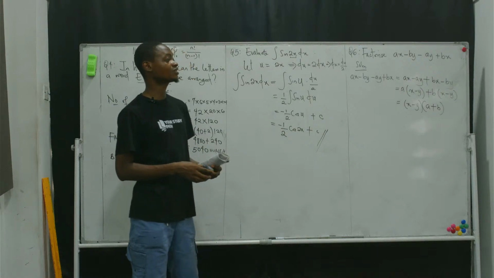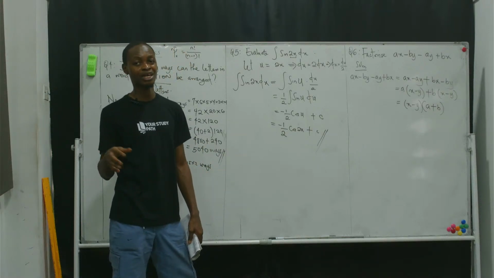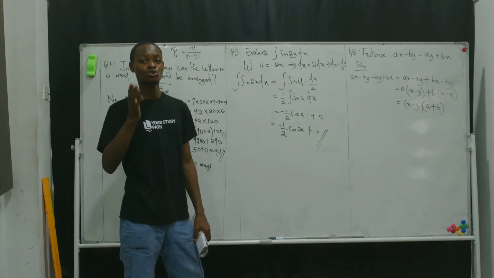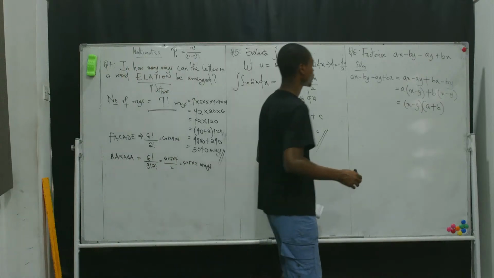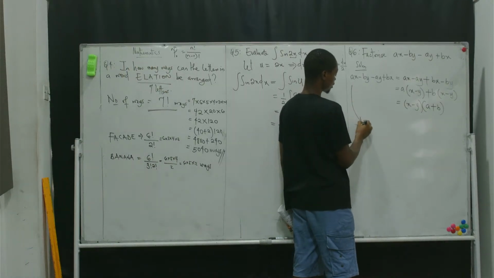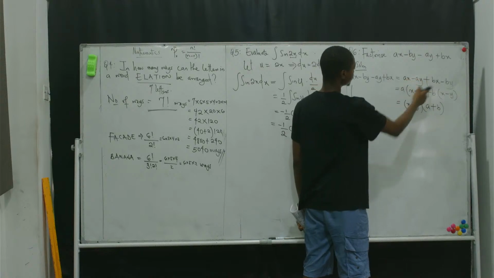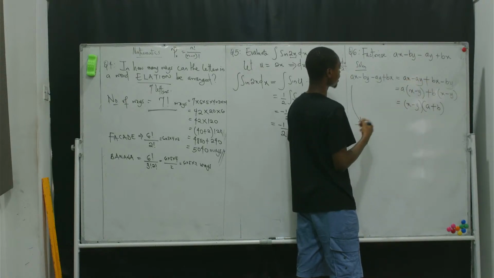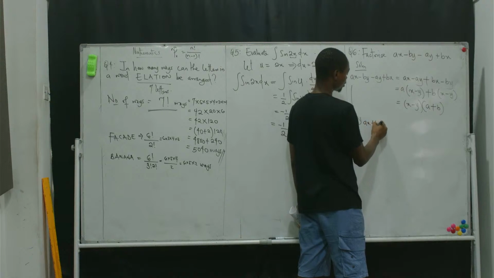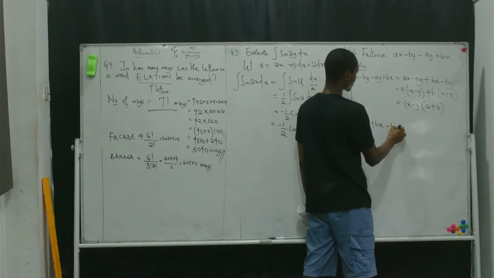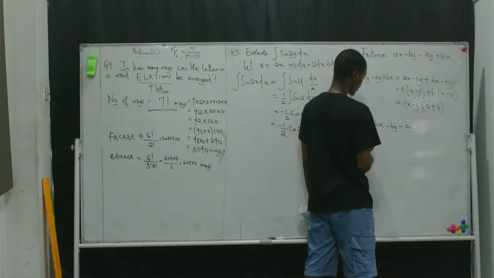Now you might be wondering, what if I factorized it without using a and b? I used x and y at the start. You will still arrive at the same thing. What that means is, let's say you factorize with respect to x and y. So if that's the case, you have ax plus bx minus by minus ay.